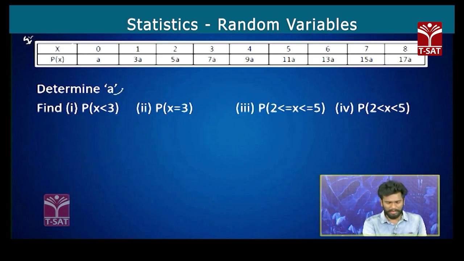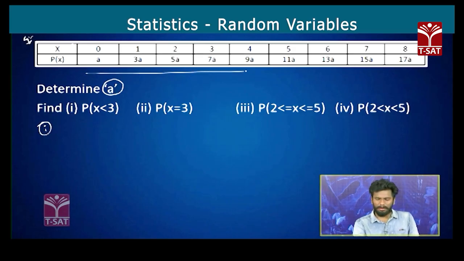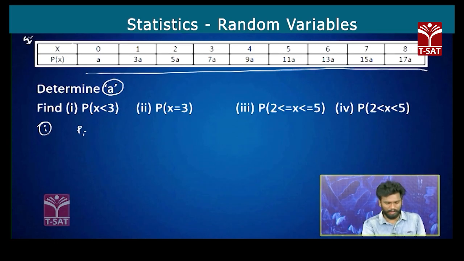So in order to determine the a value, what we have to do? First thing you do is add all the probabilities. We know the property summation P of i, where i takes from 1 to n, must be equal to 1.